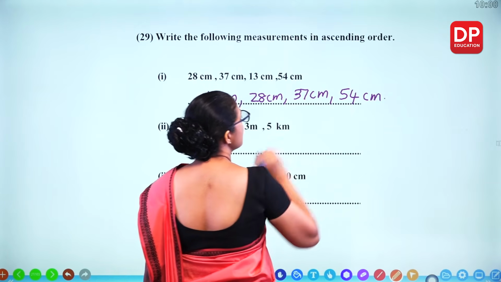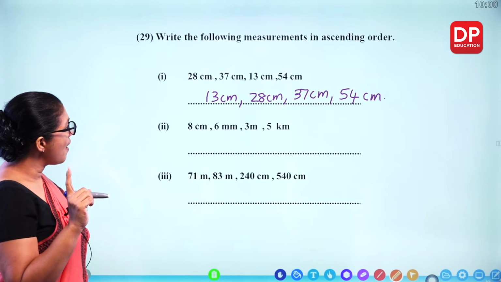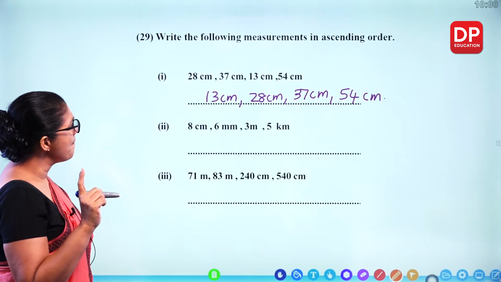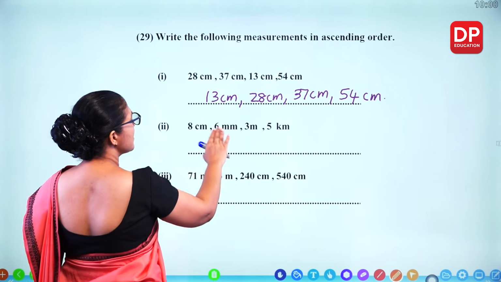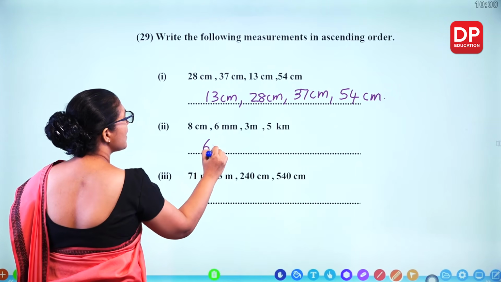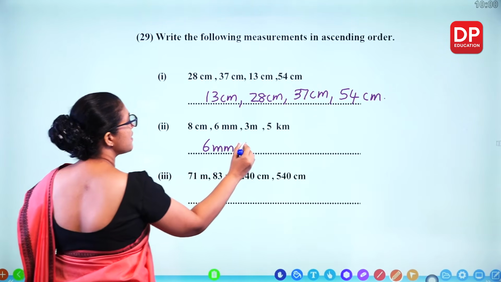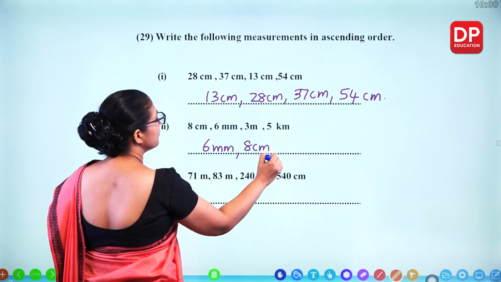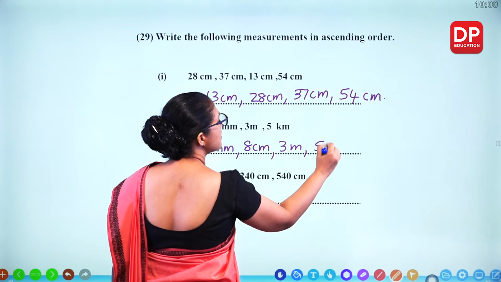All units in centimeters. This one different. So you have to convert to the same unit, or just think about millimeters is the smallest. We can write that down. Then centimeter one. Then meter, and this one is kilometer.